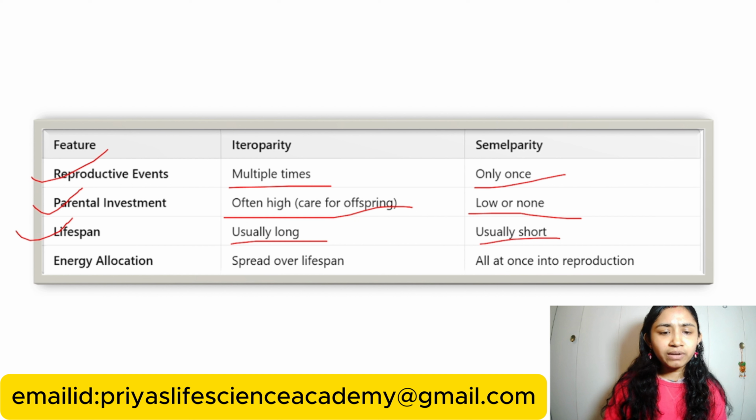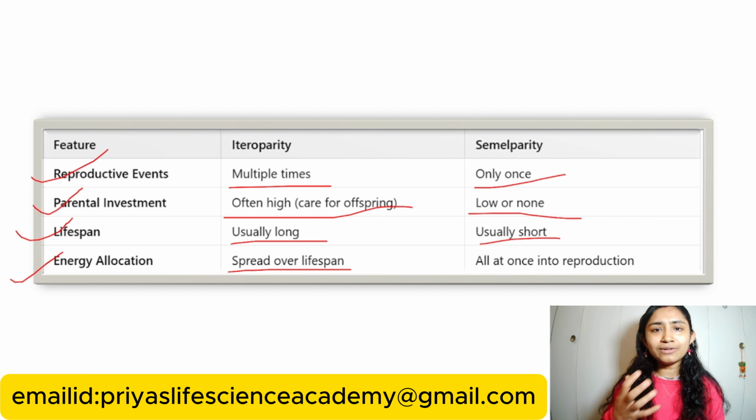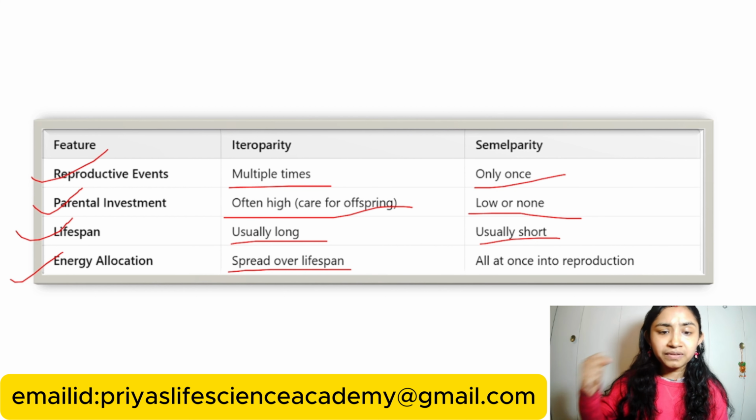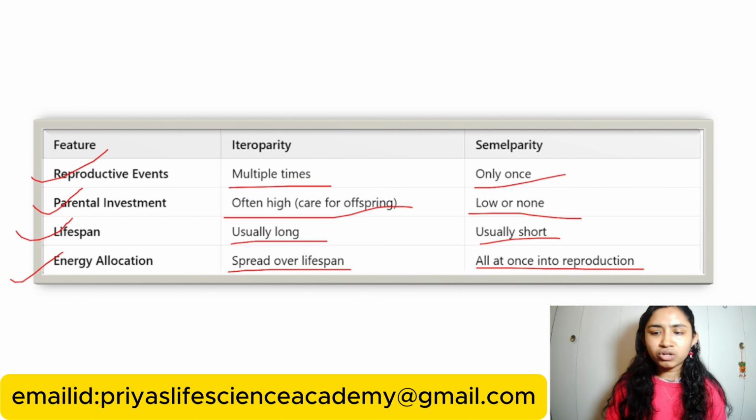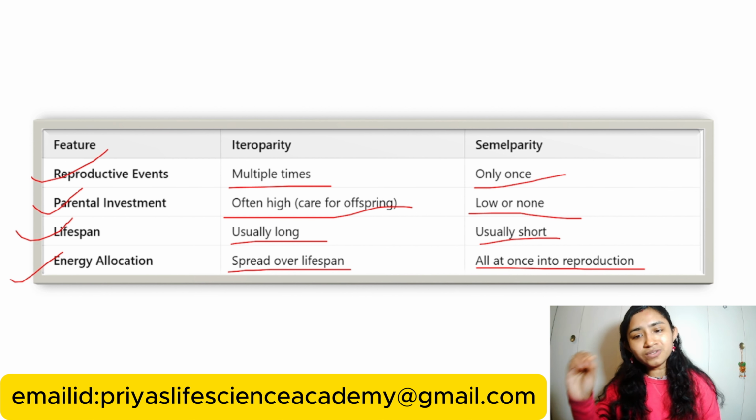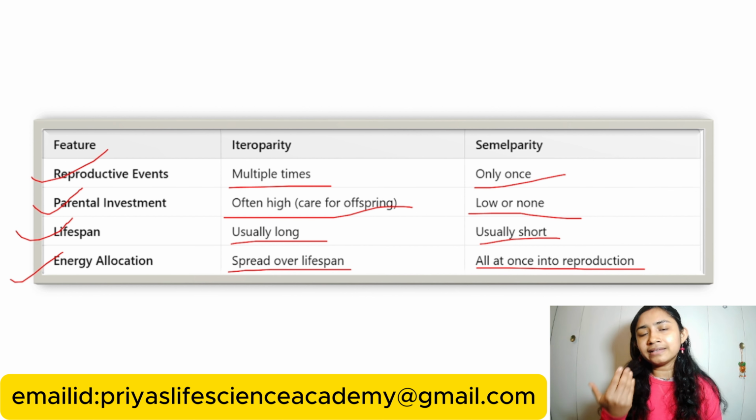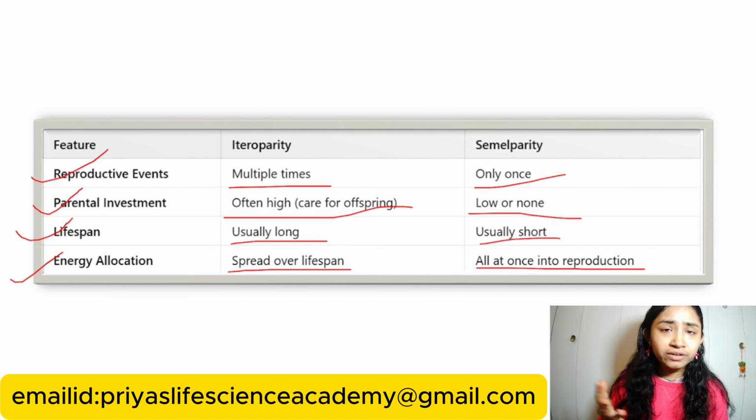Energy allocation is spread over the lifespan for us, as our energy is divided among many physiological works, and we need energy for every reproductive event, so we save our energy over our lifespan. But in Semelparity, it is all at once into reproduction. Their main goal is to reproduce a large colony, and in that they give a lot of energy.